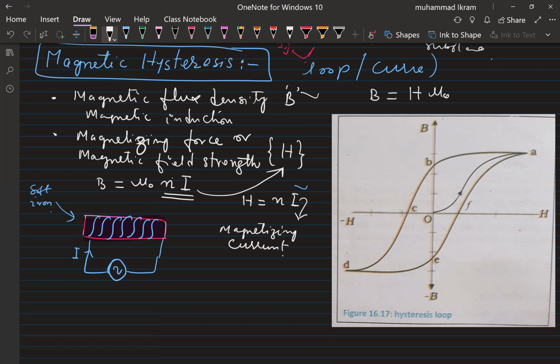Now we have the flux density. Hysteresis is a Greek word which means lagging. And what does this tell us?